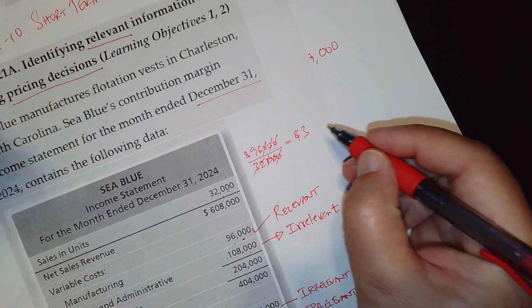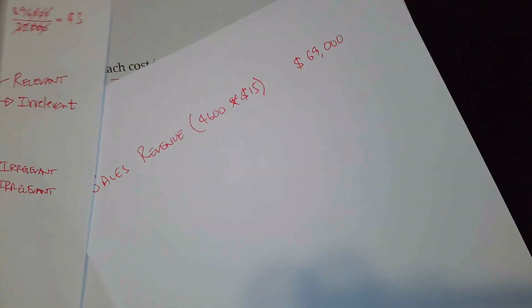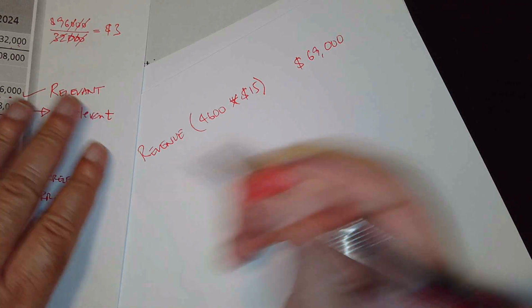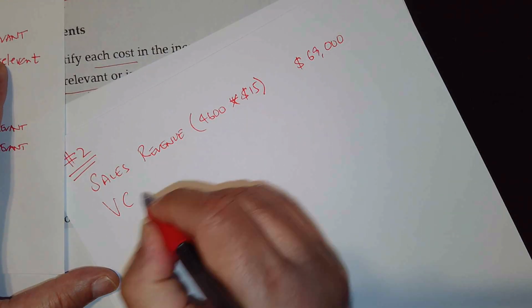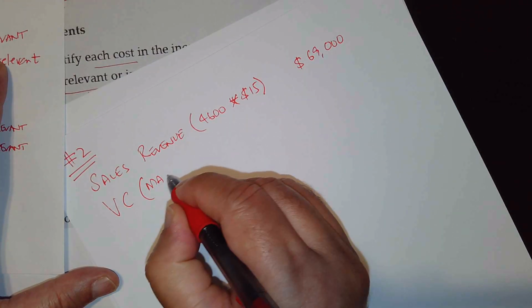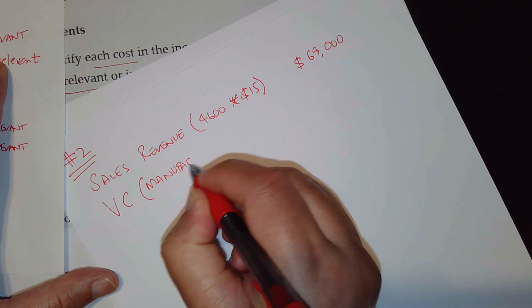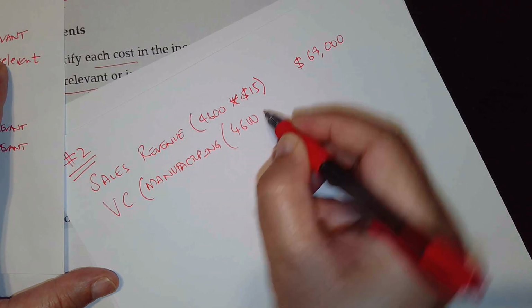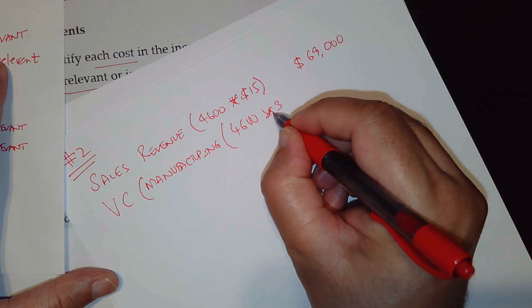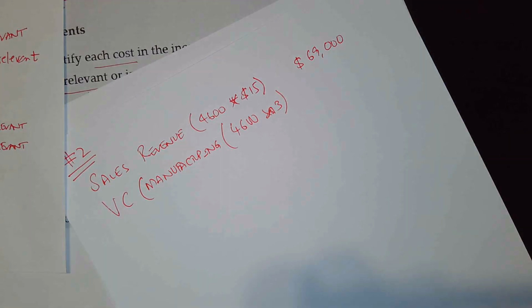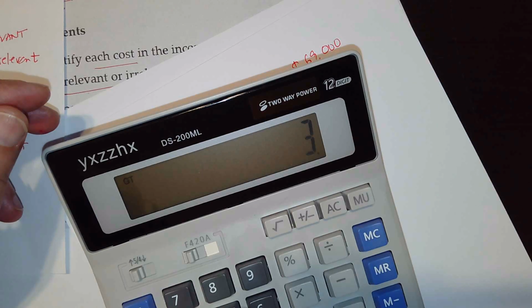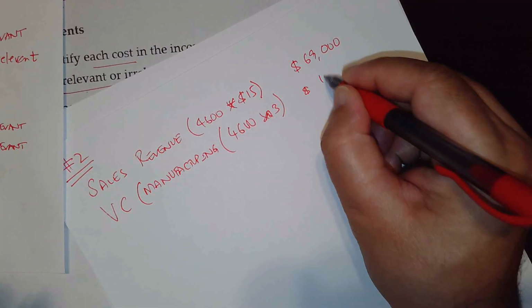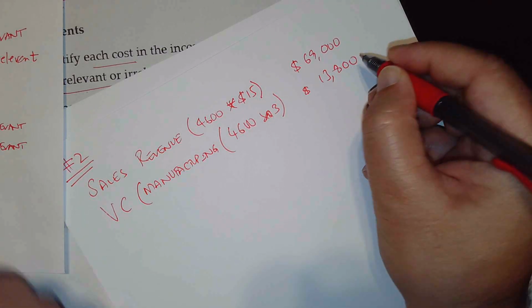So that means we have an increase in variable cost. I would just put manufacturing over here. So that's 4,600 units multiplied by $3, which is an increase in cost of $13,800.